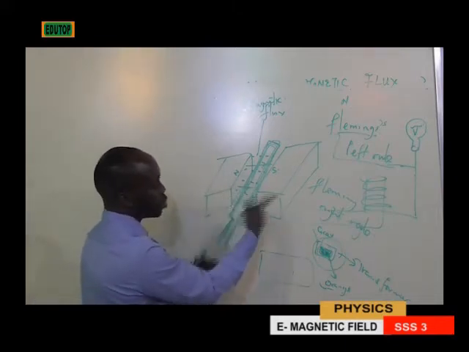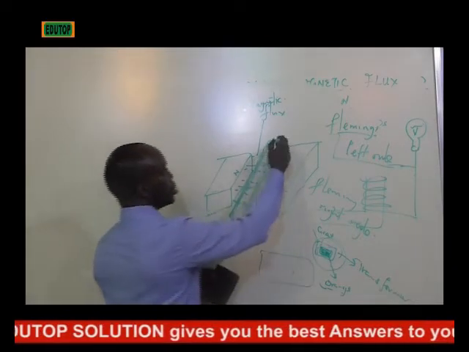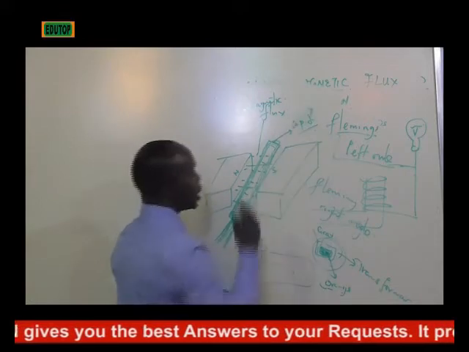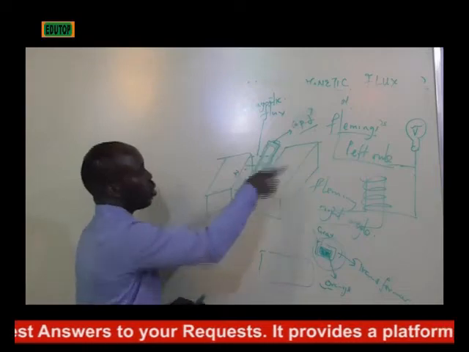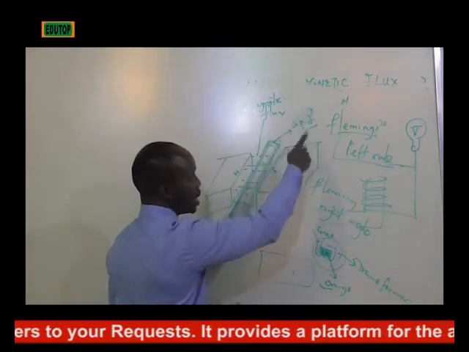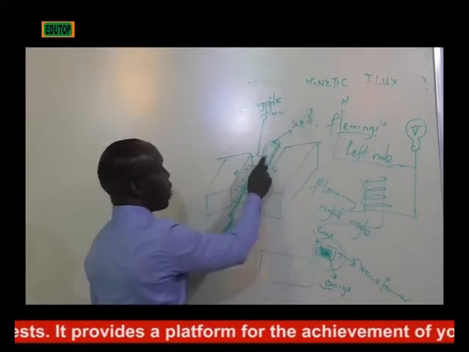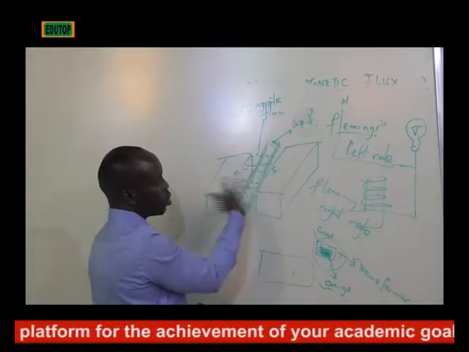By the time you move it continuously, EMF will be generated. PD, potential difference, will be generated because you cut this flux. If you continuously cut the flux, potential difference will be generated, and before you know it, this potential difference that is generated will fall back to the movement of this coil, thereby making this coil continuously rotate.